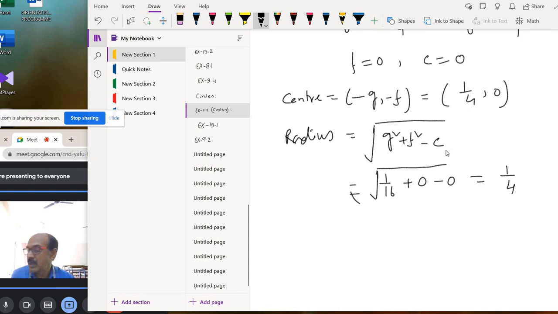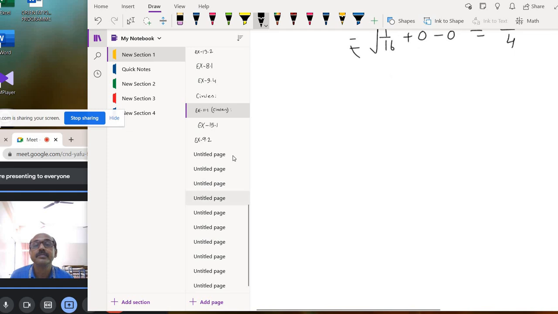Now see question number 10. Find the equation of the circle passing through the points 4, 1 and 6, 5 and whose center is on the line 4x plus y equal to 16.